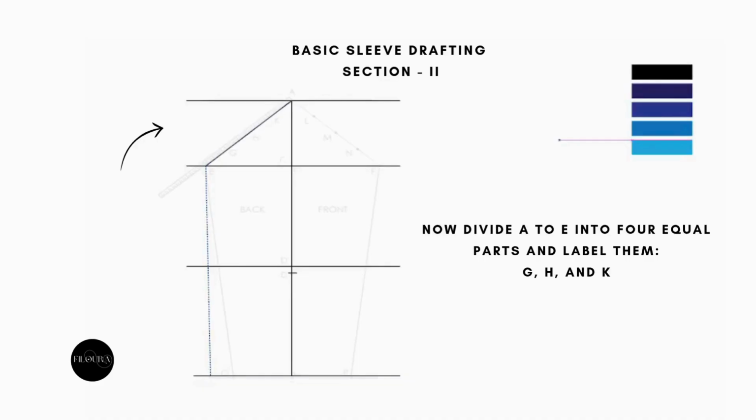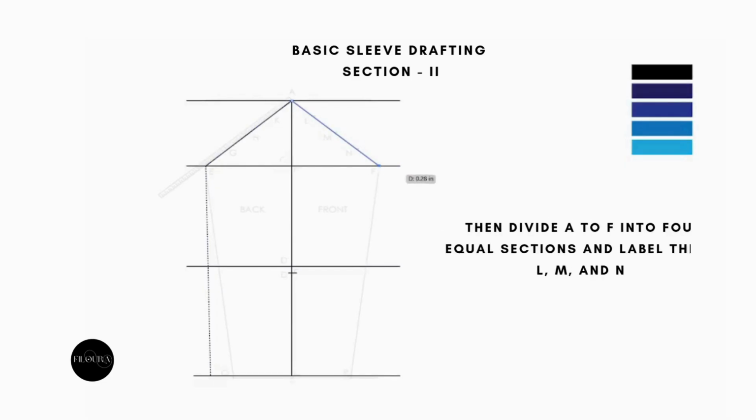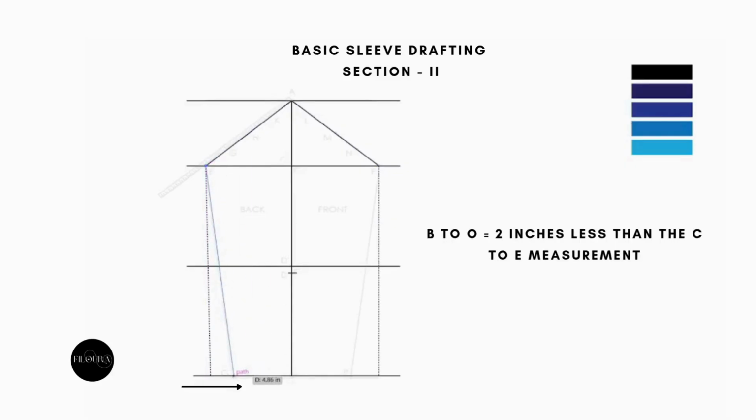Now divide A to E into 4 equal parts and label them as shown here, that is G, H and K. Repeat the same process on the opposite side where C to F is equal to C to E. Join A to F, then divide A to F into 4 equal sections and label them L, M and N. Now, B to O is 2 inches less than the C to E measurement.